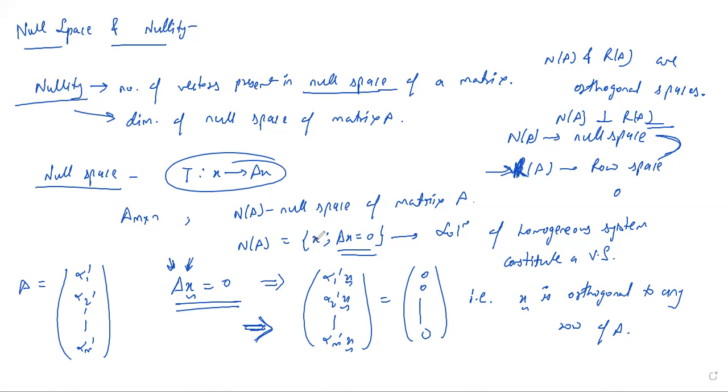Now what is my null space? Null space is actually the solutions of this homogeneous system of equations, that means for all those values for which Ax is equal to 0. This is my null space of the matrix. Now this null space and the row space are orthogonal spaces.